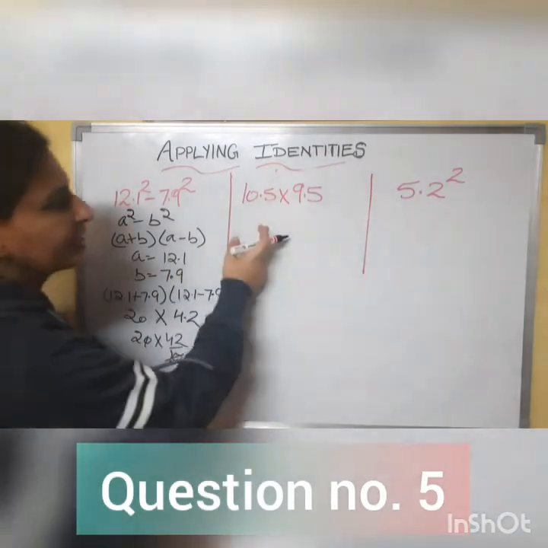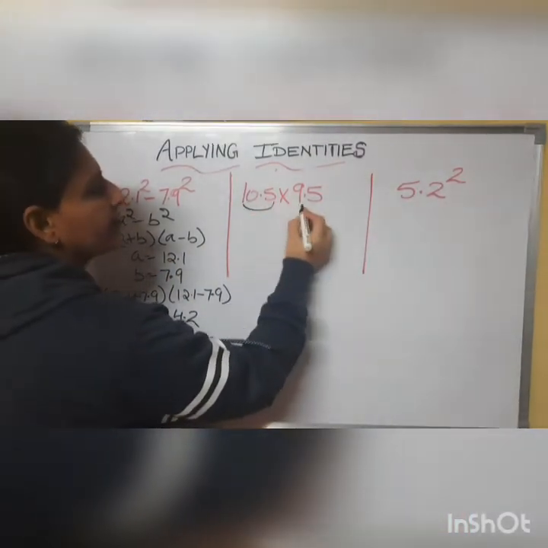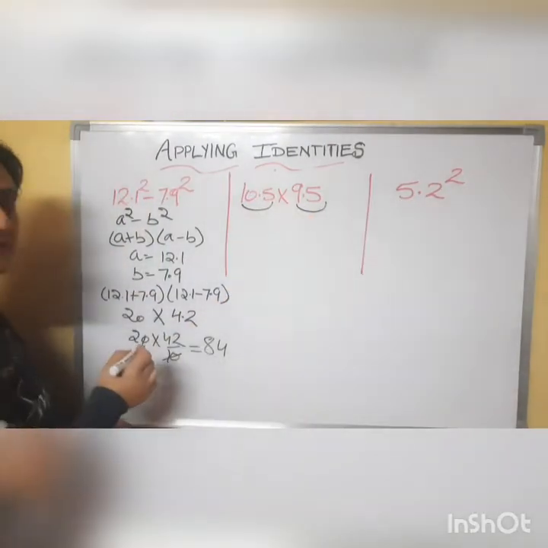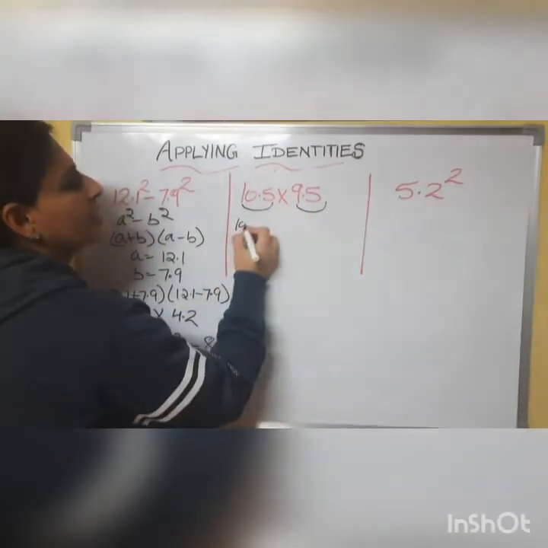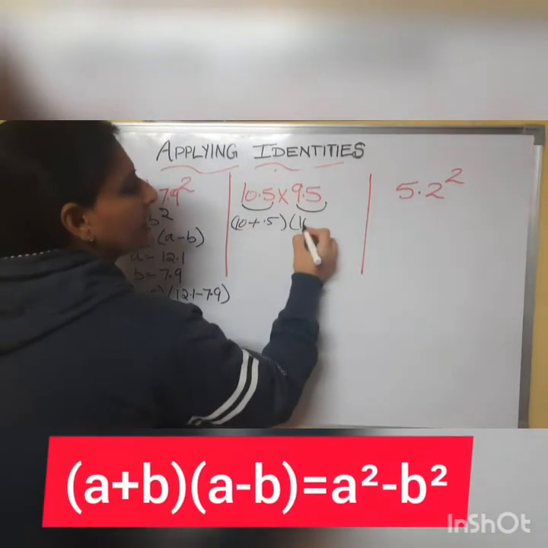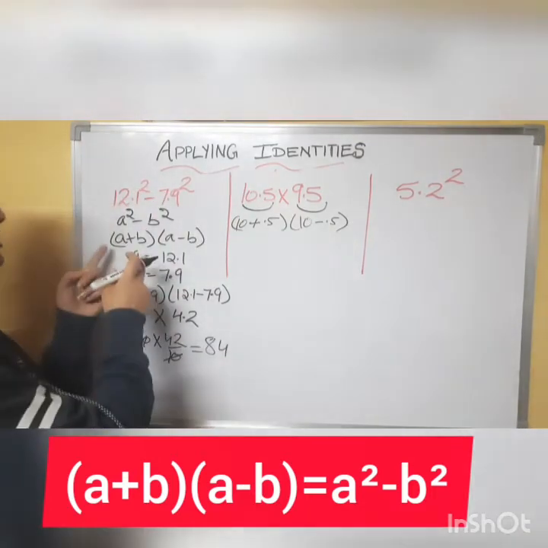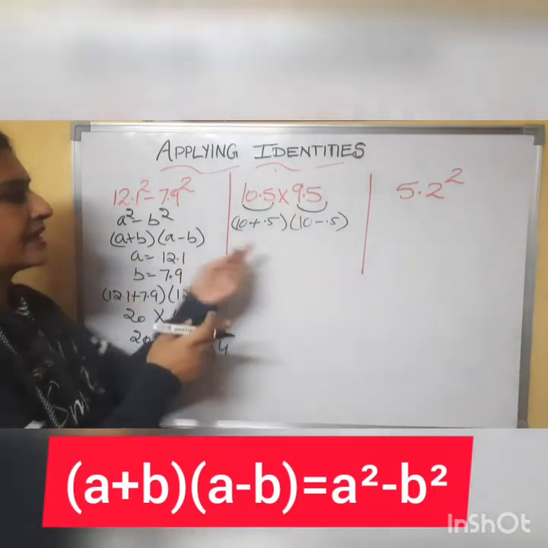So here we have sorted out the very first question by application of the identity a square minus b square. Now let us come to the second part, where instead of writing 10.5 we need to substitute the given figure. This can be substituted as 10 plus 0.5 and this can be written as 10 minus 0.5. So in this question we haven't substituted something and here it was required.